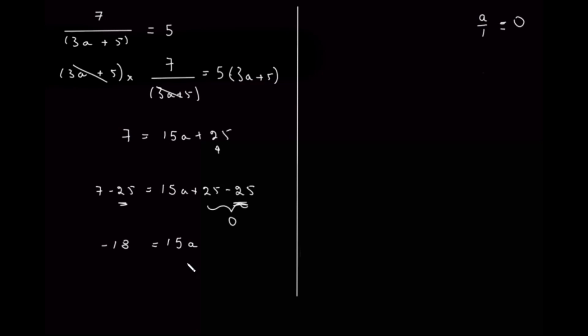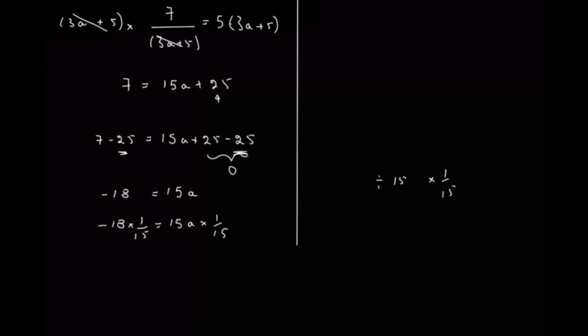Dividing by 15 is exactly the same as multiplying by 1 over 15. So we multiply both sides by 1 over 15. There's 18, multiplied by 1 over 15 equals 15A multiplied by 1 over 15. See, both sides, that side, that side.